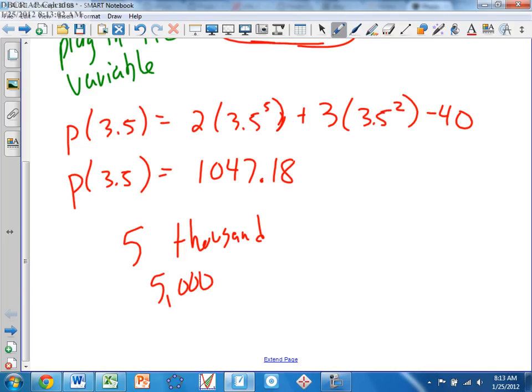Those are synonymous, right? Same thing? So this is the amount of profit the company made in thousands. This is 5,000, and this is 1,047 thousands. Again, this is 5,000, and then we added 3 zeros to it.